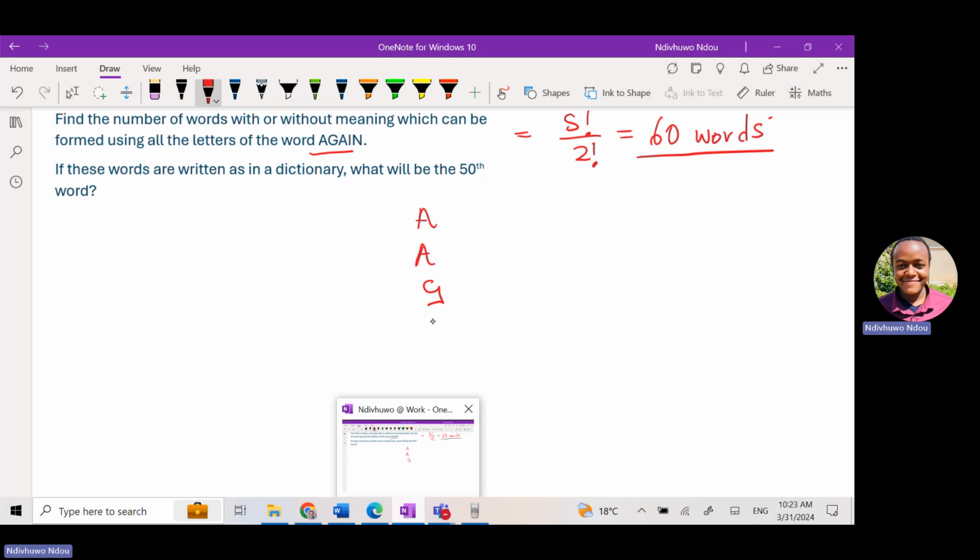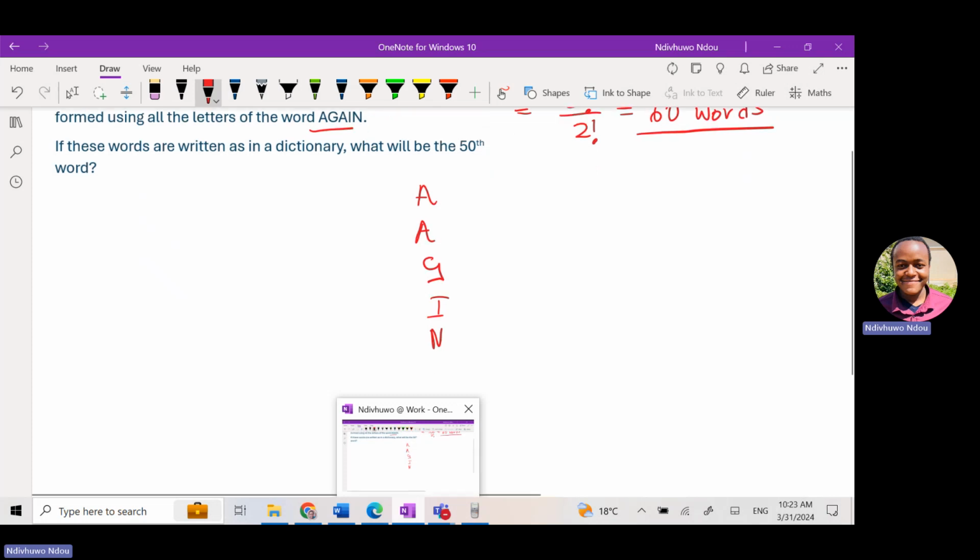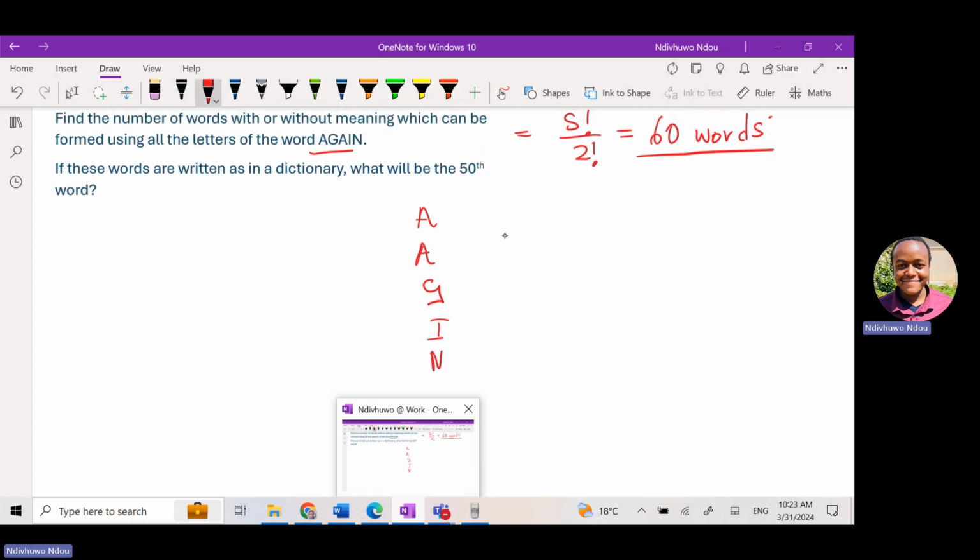Then another one will be I, and then N. Okay, so what we're going to do is count all the words that start with A. Remember, these A's are just the same, so I can just say words that are starting with A.